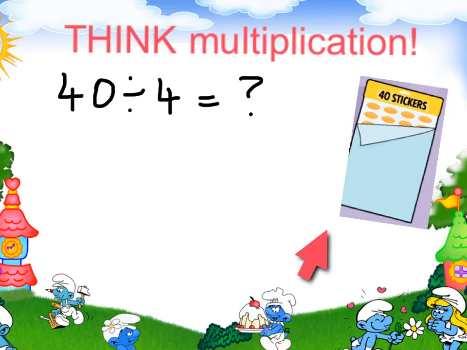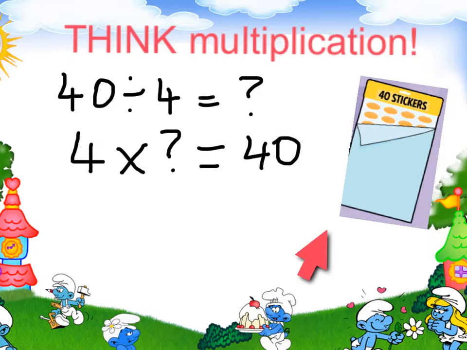Okay, but I could say it another way as well. I could also say that there are 40 stickers in total, and there are 4 stickers in each row. Let's write that one a different way. I could write that as 4 times something equals my total of stickers of 40.